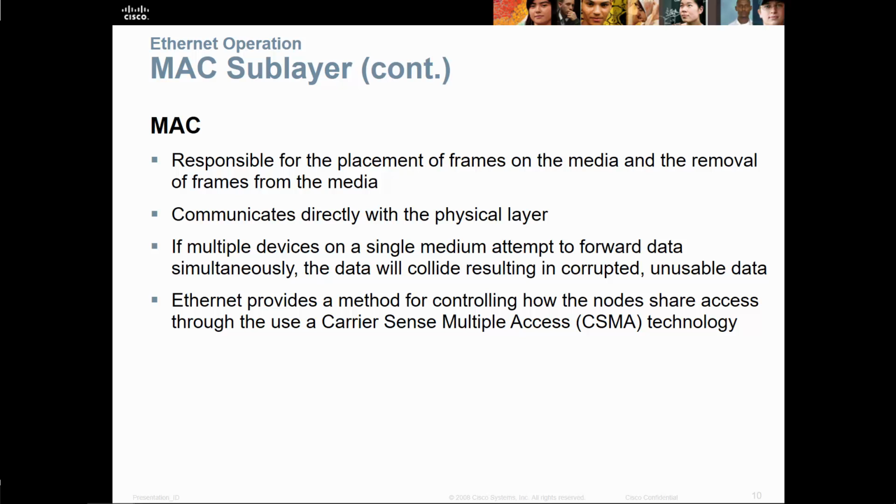And what's interesting here is that Ethernet provides the controlling mechanism for shared access, and that is carrier sense multiple access. That carrier sensing means that everyone is free to talk when they want to talk.